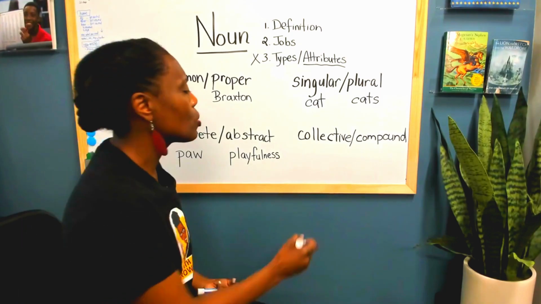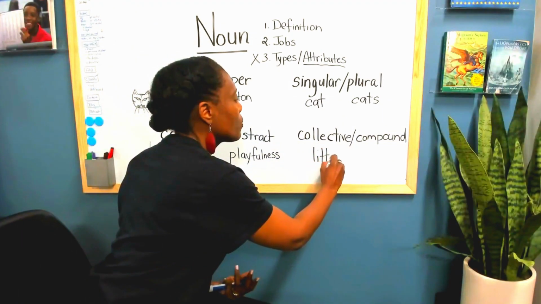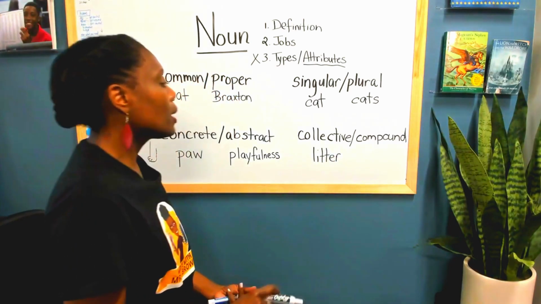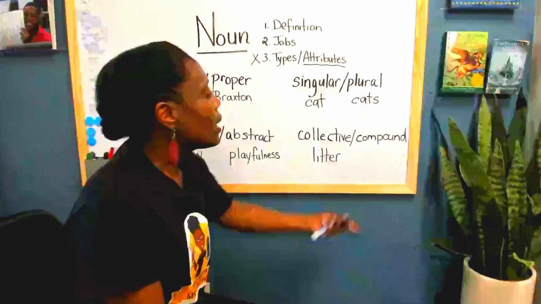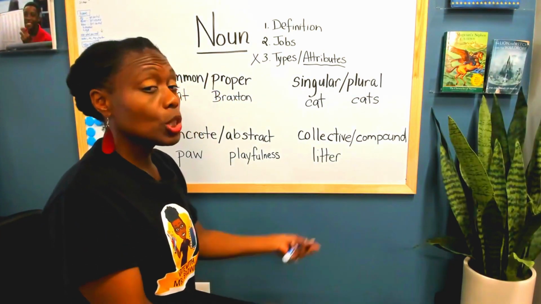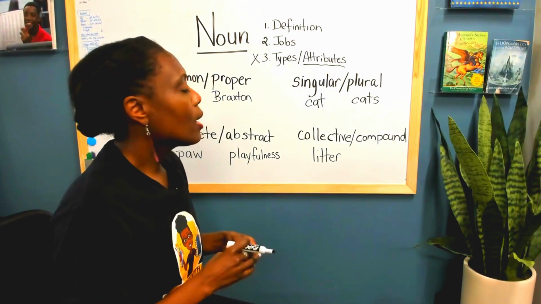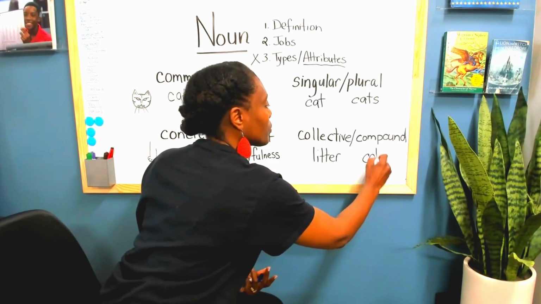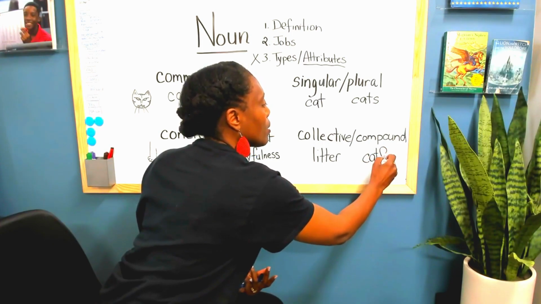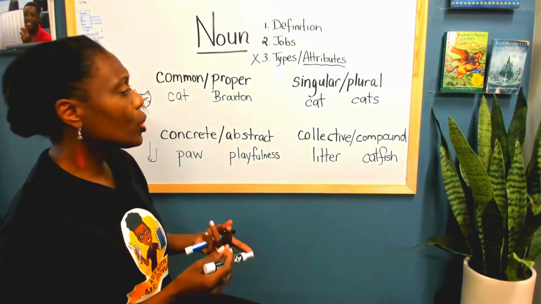There are other terms you can use, but litter is one term you can use to refer to a group of cats or kittens rather. And then a compound word would be 2 words joined together that make 1 word. For example, catfish. That's an example of a word that is made up by joining 2 words together.